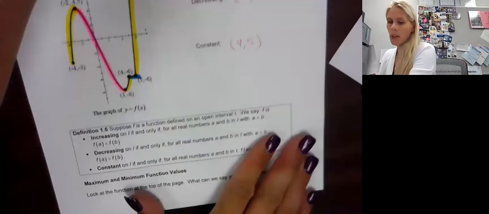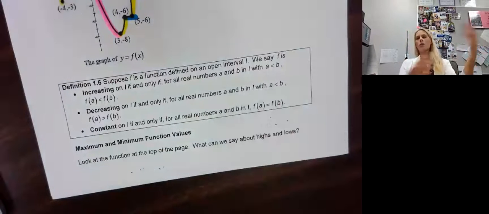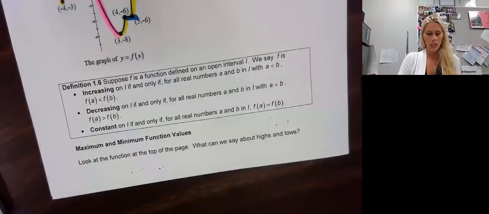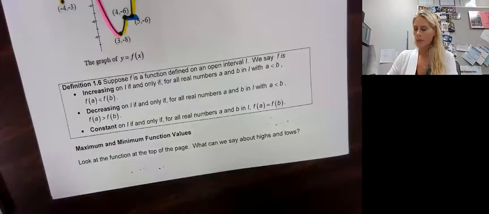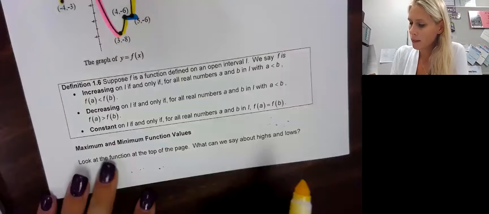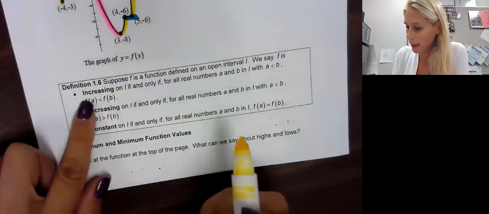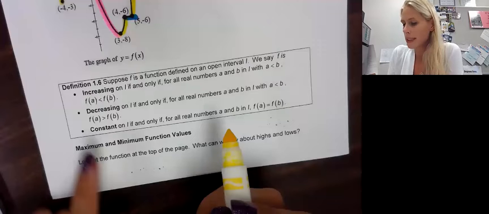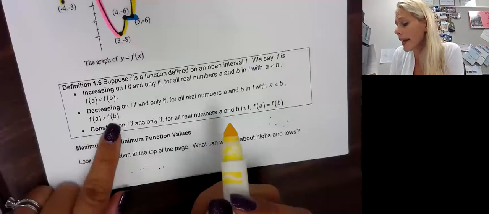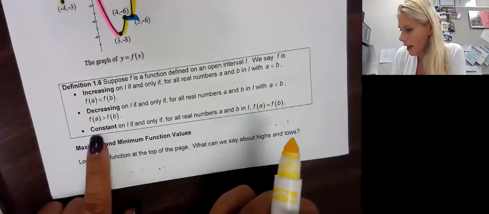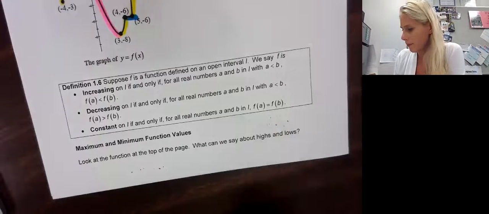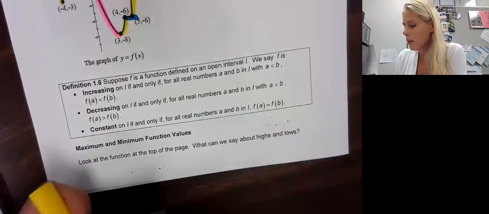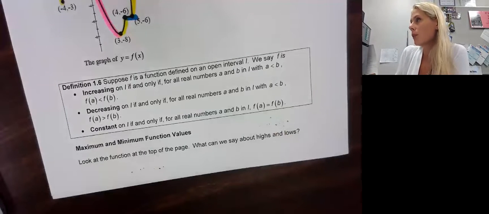All right. The mathematical way really to describe increasing, decreasing, and constant is that increasing is if f of A is less than f of B, decreasing would be f of A is greater than f of B, and constant is f of A equals f of B. So it's talking about the x values A and B, if A is less than and greater than.